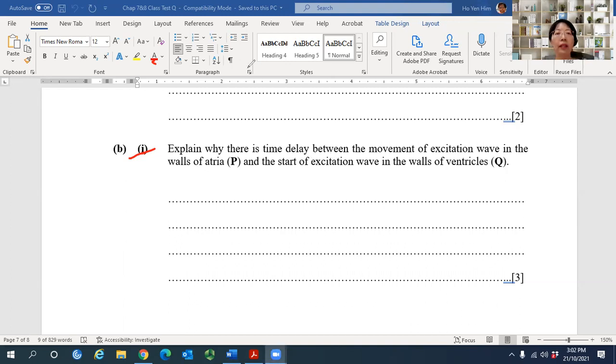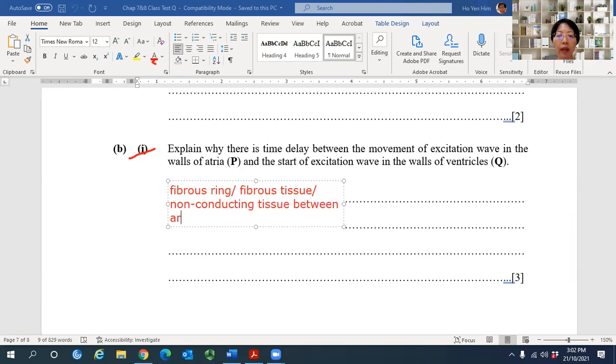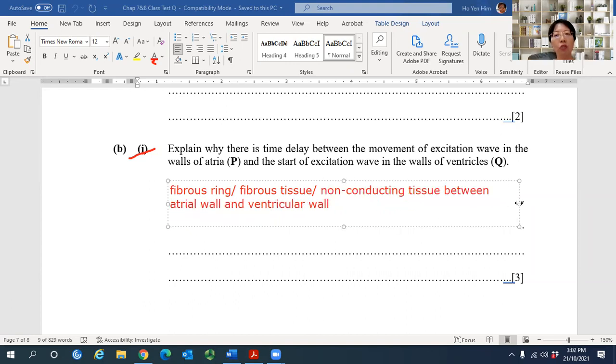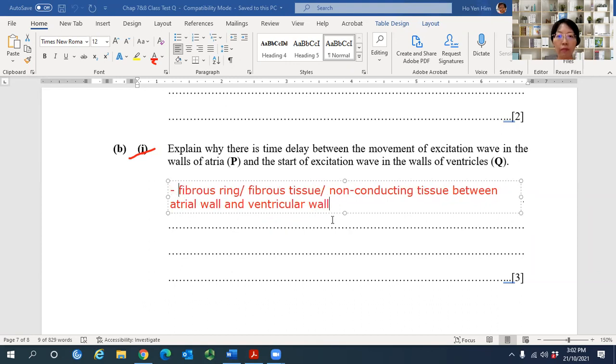So how come there's a delay when the excitation wave moves from the atrium to the ventricle? It is of course because there's a fibrous ring or fibrous tissue, non-conducting tissue, which is located between the atrial wall and the ventricular wall. Okay, so this is the first marking point. So this structure prevents the excitation wave from moving directly from atrium to ventricle.